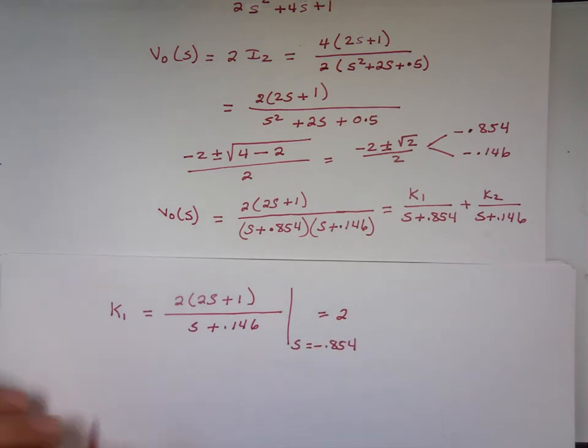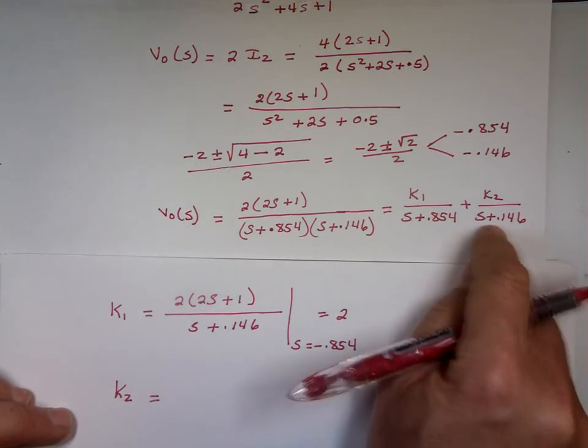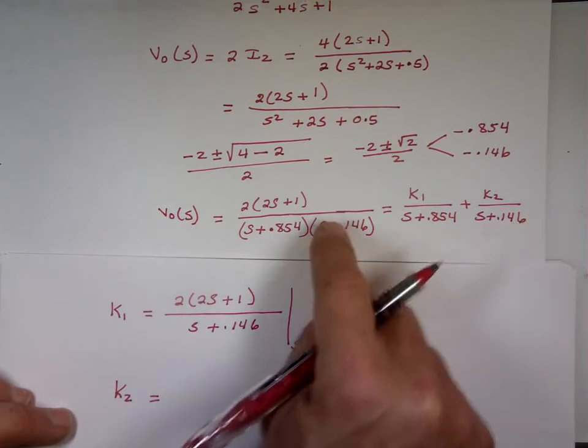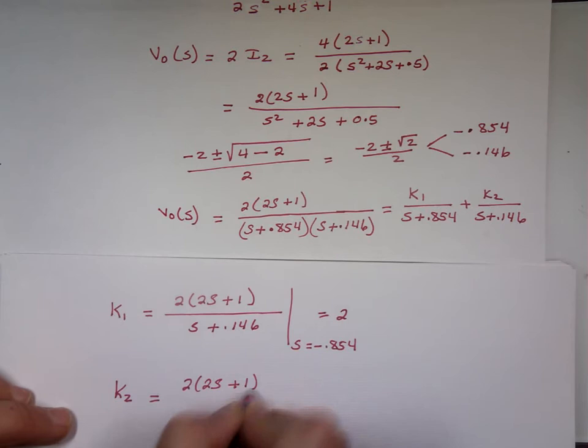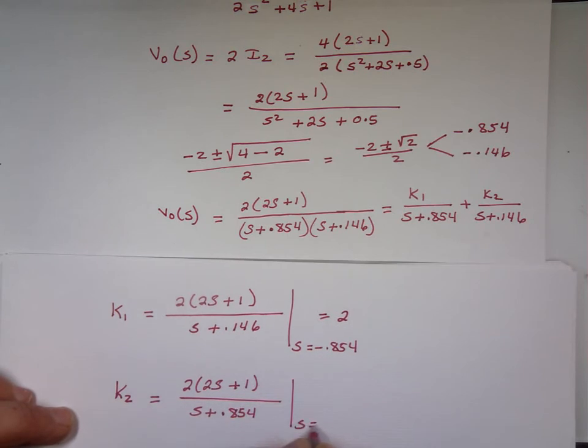K2. K2 is sitting on top of S plus 0.146. Take 0.146 out of that. When S equals what? Negative 0.146.